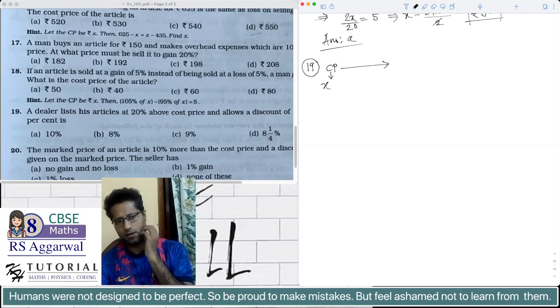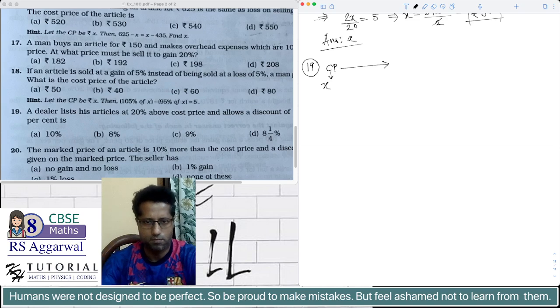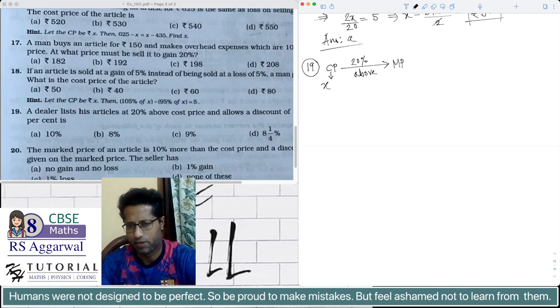It means that the article was marked at 20% above the cost price. So 20% above is the mark price. We can easily calculate the mark price based on X, because it is 20% above CP, and CP we have assumed to be X.